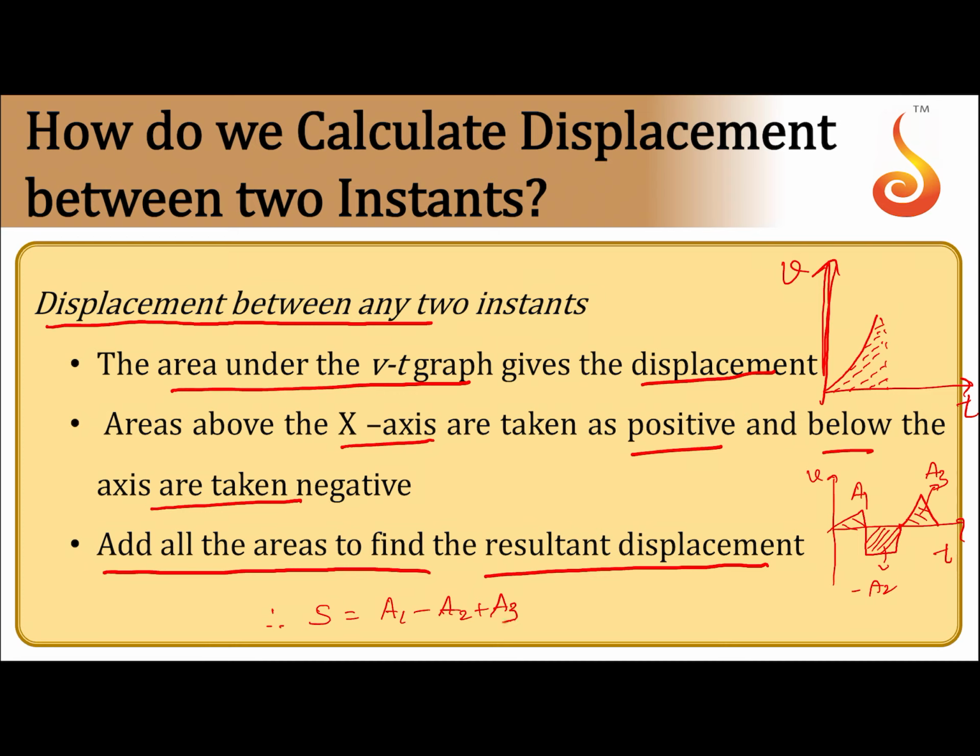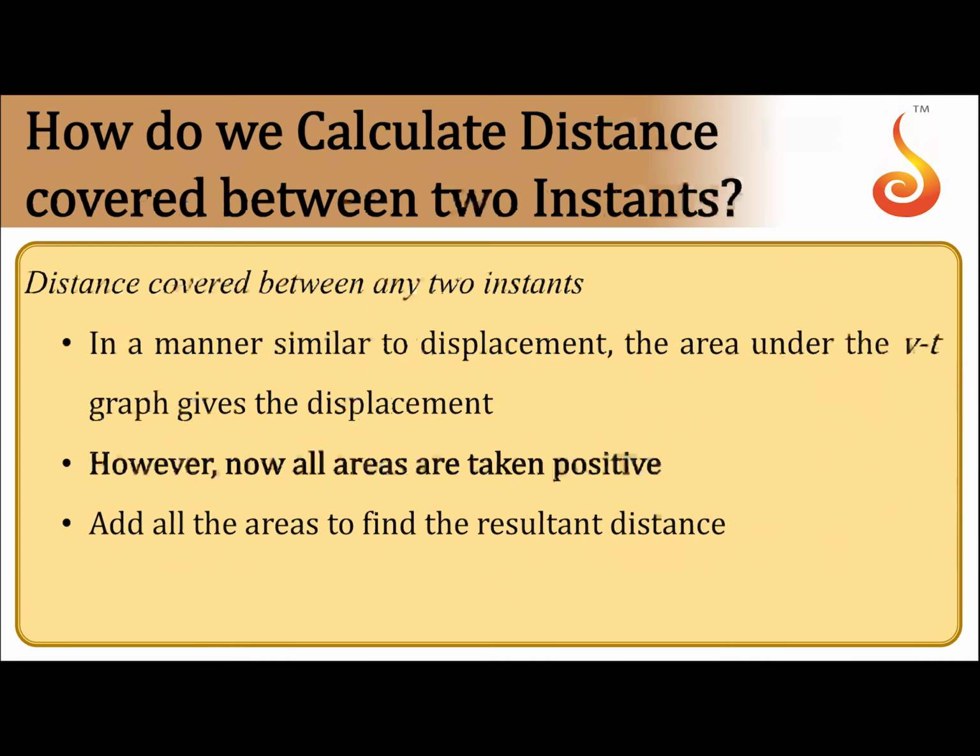Well, how to calculate the distance covered between two instants? The procedure is very similar to the previous. We obtain the area. However, all the areas are taken with positive sign.